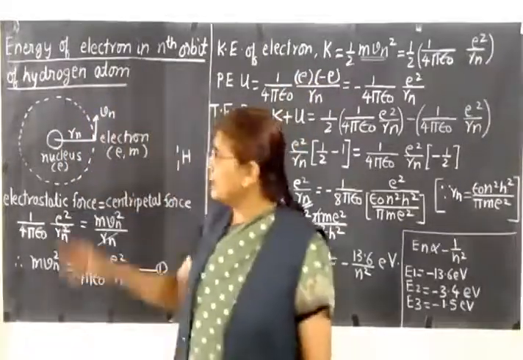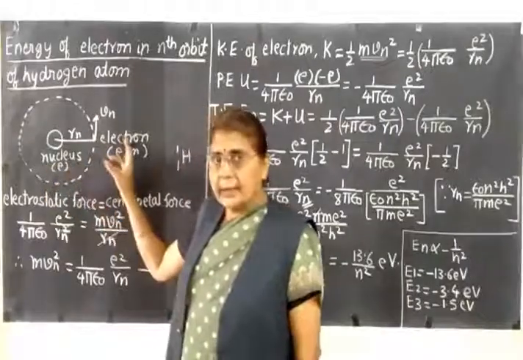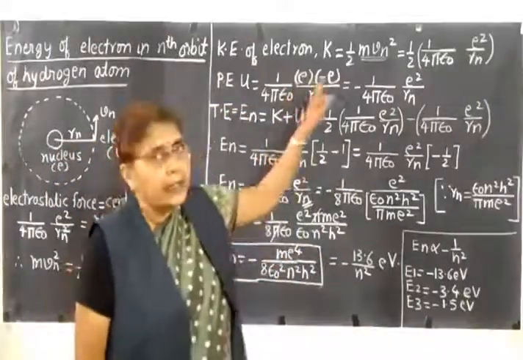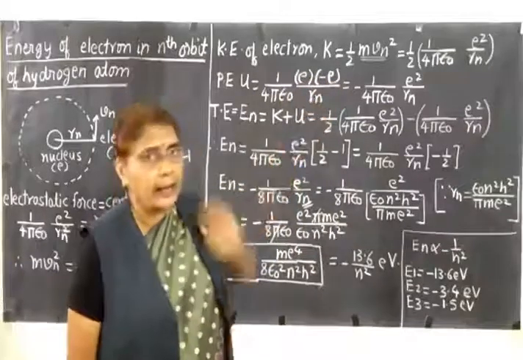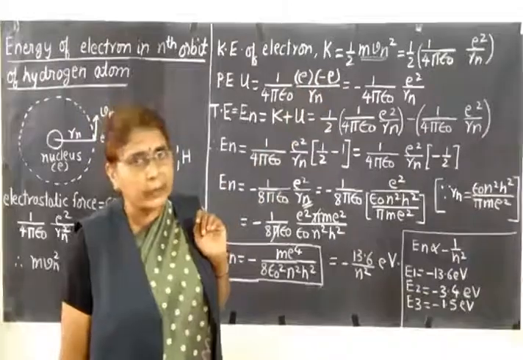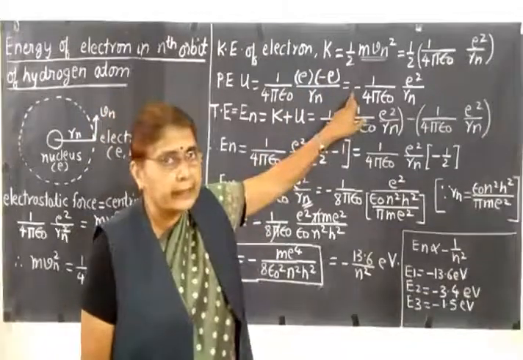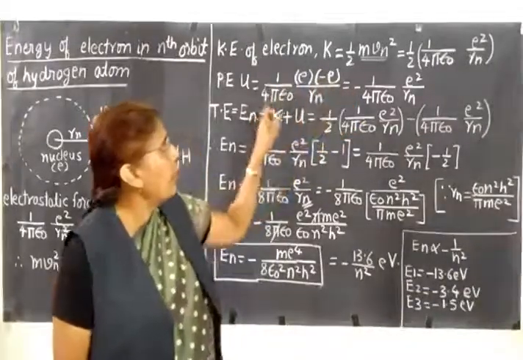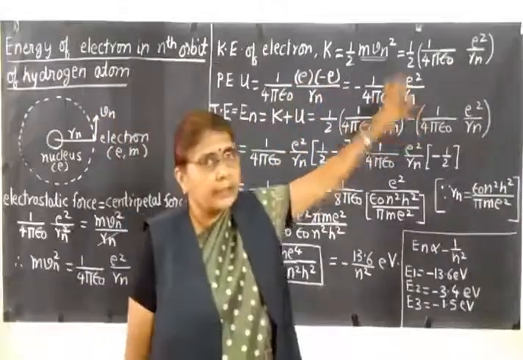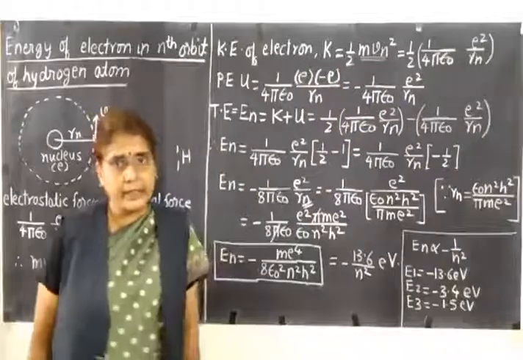What are the charges here? Plus e and minus e separated by a distance Rn. So it will be plus e into minus e divided by Rn. If you multiply plus e and minus e, it will be minus e square. I shall write the minus sign at the start: minus 1 upon 4 pi epsilon 0 e square upon Rn. This is the expression for potential energy.